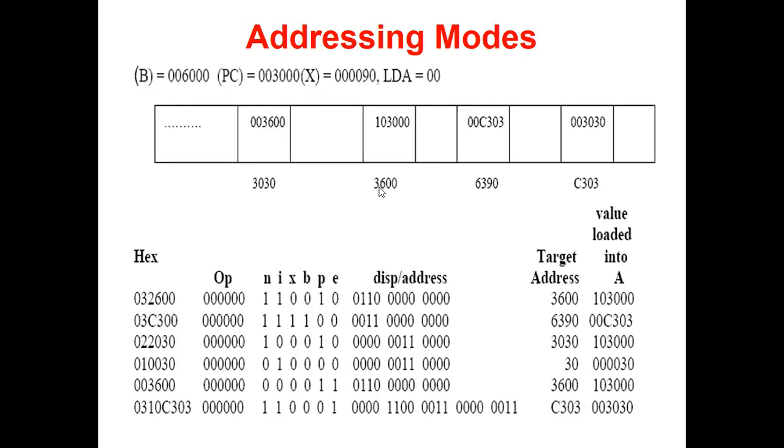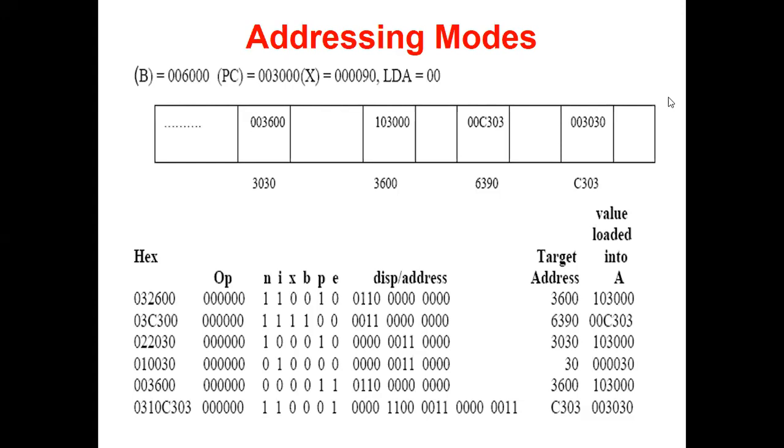Another memory location whose address is 3600, its contents are 103000. Then there is another memory location whose address is 639, and that is its contents. Then another memory location which is 6303. Again, you can see its contents.